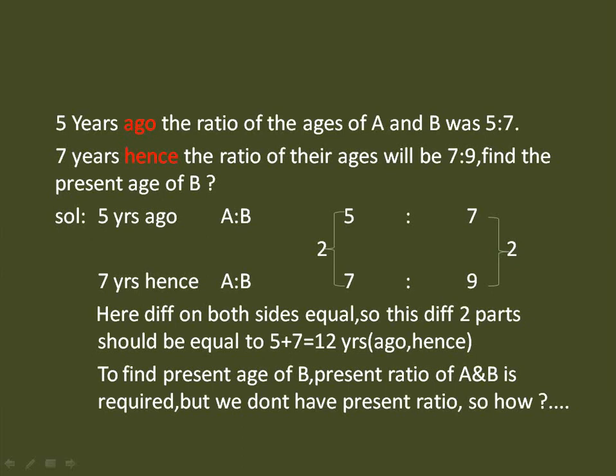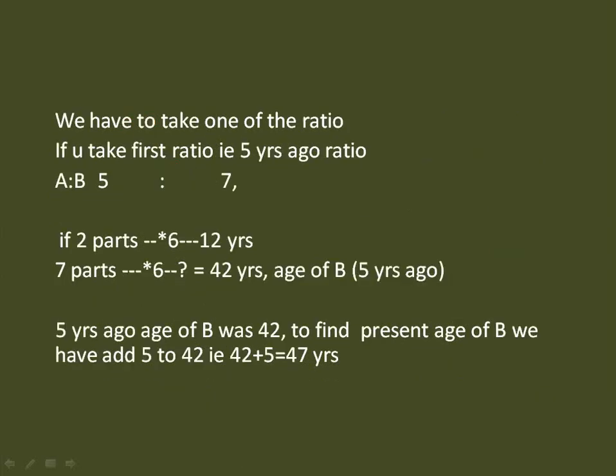To find the present age of B, the present ratio of A and B is required. But we don't have the present age ratio of A and B. So how do we calculate the present age of B? Friends, we have to take one of these ratios. If you take the first ratio, that is the 5 years ago ratio, write down that ratio 5:7.